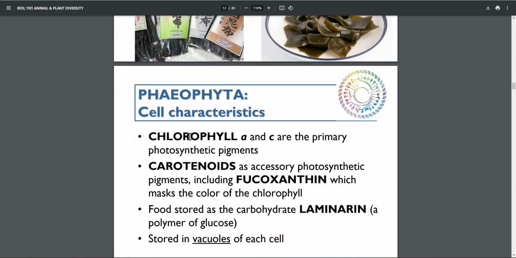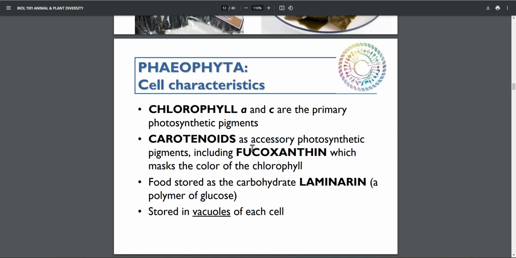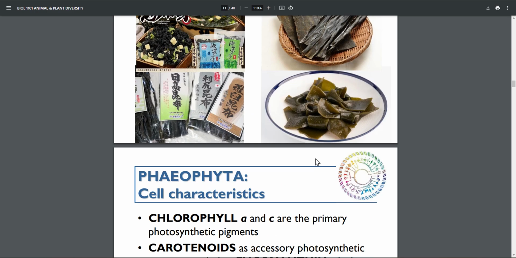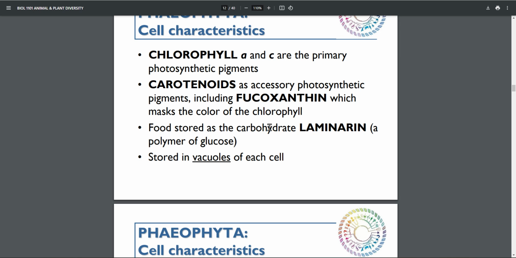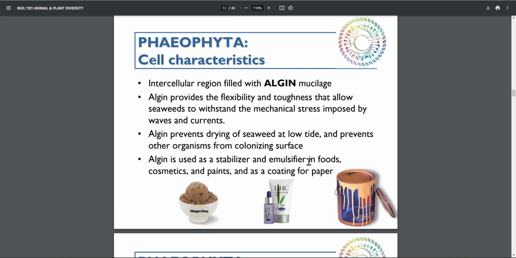So some characteristics: chlorophylls a and c are the primary photosynthetic pigments, while carotenoids are accessory ones, and this includes fucoxanthin, which masks the color of the chlorophyll. So this, I believe, makes it look brown when the chlorophyll is green. They also store food as laminarin, a polymer of glucose, not floridean starch, and it's stored in the vacuole of the cell, not the cytoplasm.